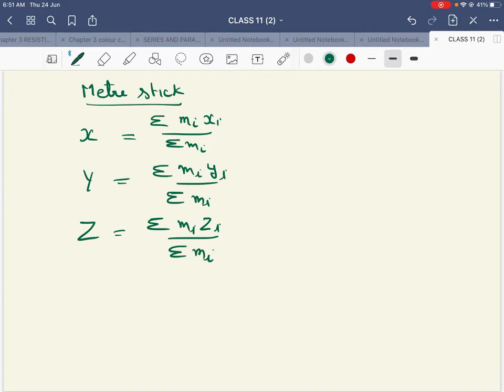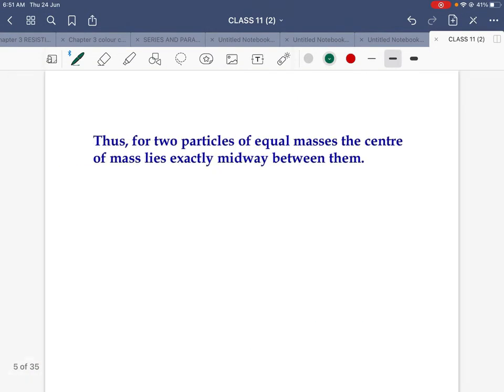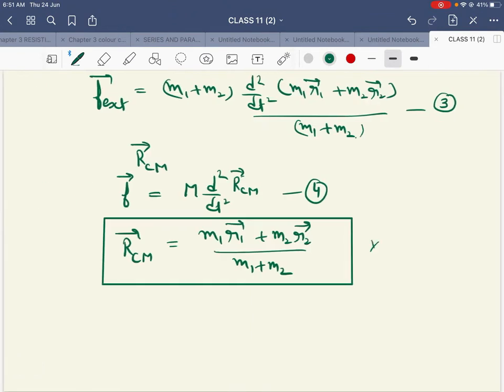Now consider the special cases. So these formulas are used when we have to find the coordinates for a continuous distribution of mass on a body, and the earlier formula is used to find the position of center of mass if masses are distributed discretely. Now we have to discuss some special cases.